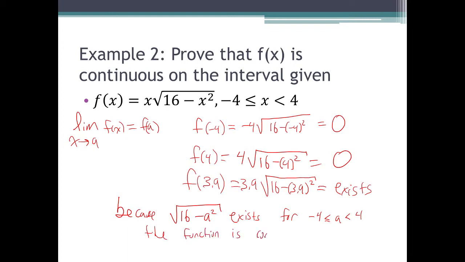That's how we can prove it. But we do have to check the upper and lower limits, and then think about all the numbers in between. So this function is continuous on all those intervals.